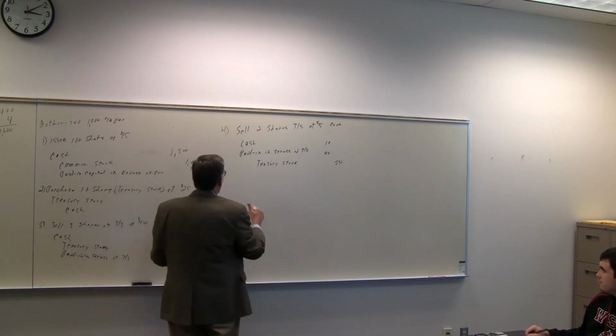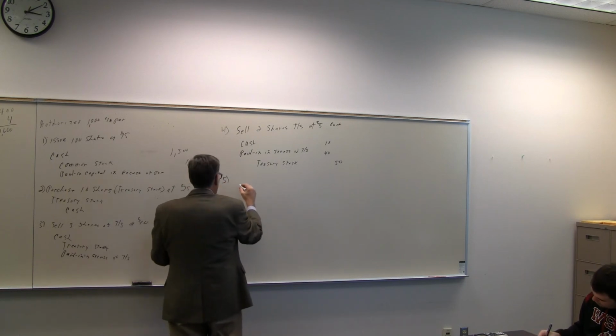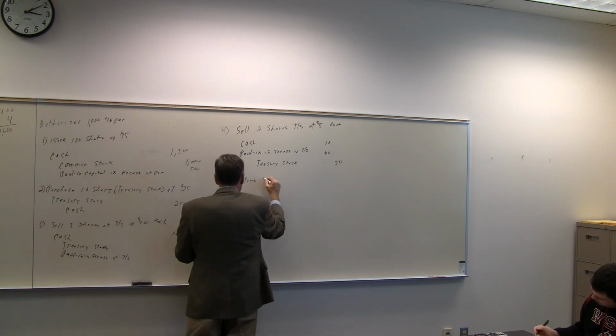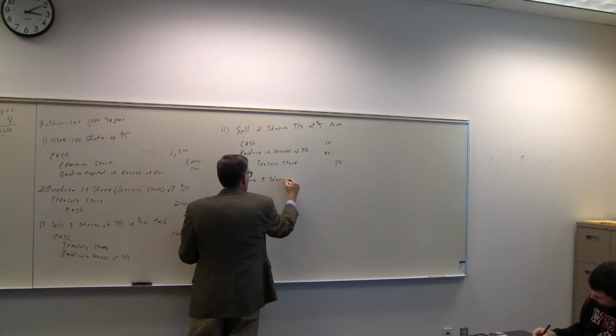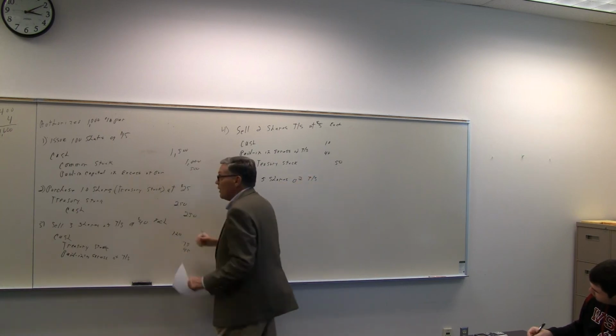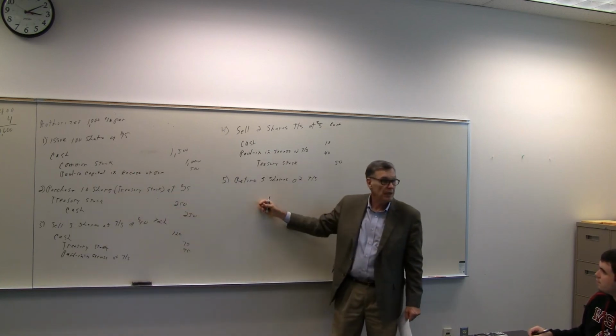Now, we're going to do a number 5. So now they're going to retire. So they retire 5 shares of treasury stock. So we started out before the treasury stock, and we're going to take it one step further than we did in class.